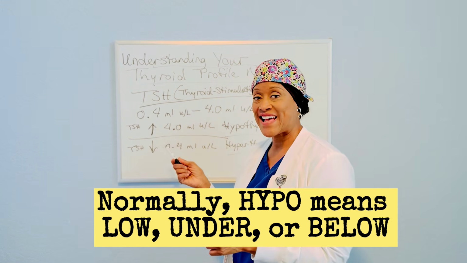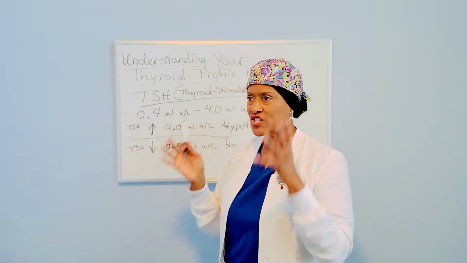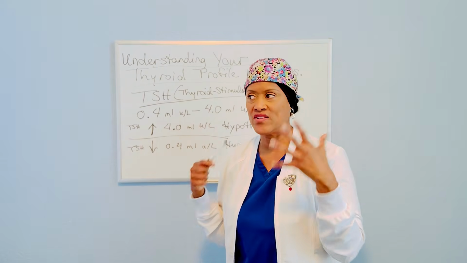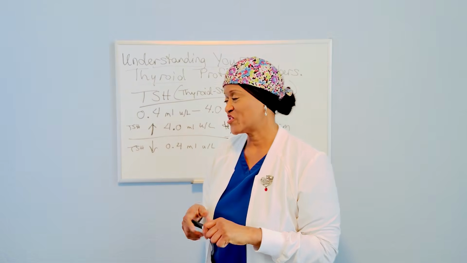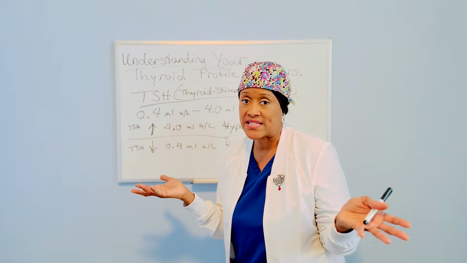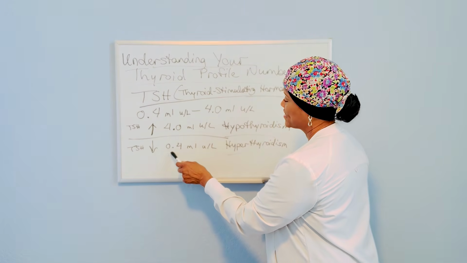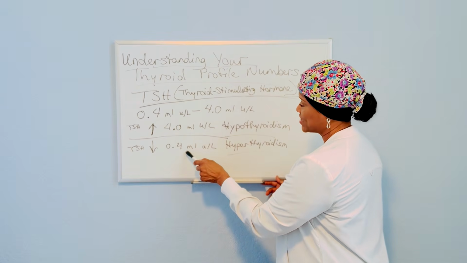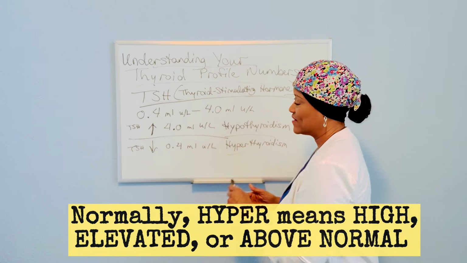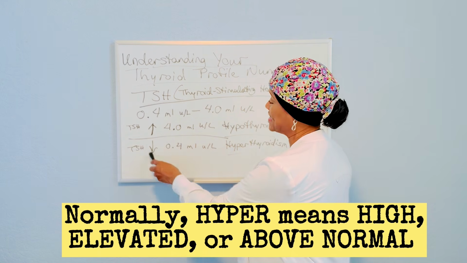But in this case, hypothyroidism means it's elevated, it's higher. So I just couldn't wrap my mind around it. I had to really come up with some strategic ways of remembering this. And matter of fact, it was just memorizing it, plain and simple. The TSH below 0.4, if it's under the 0.4, then it's hyper, which again, hyper means elevated in most cases, but in this case, it doesn't.